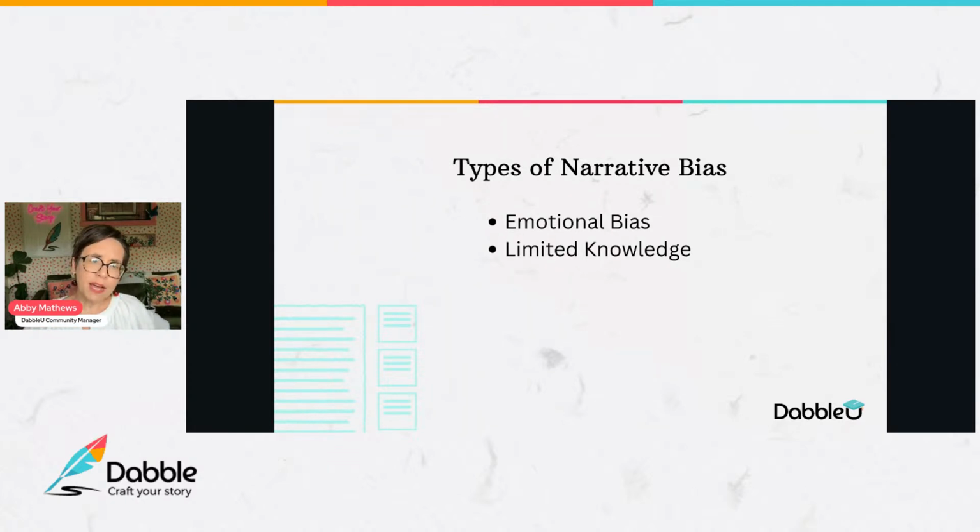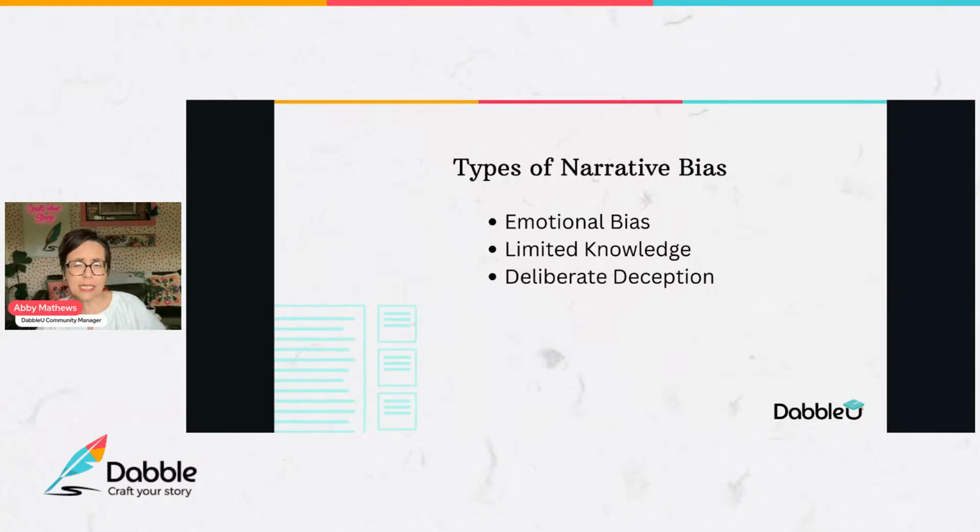All right. We also have limited knowledge. So the character is missing a key piece of information, right? We'll break this one down in a minute with Simon versus the Homo sapiens agenda. But we also have deliberate deception, right? The narrator knows the truth, but hides it. So like an unreliable narrator, anyone?